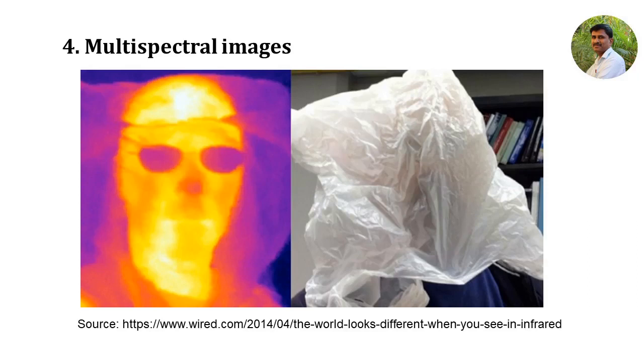Multispectral images typically contain information outside the normal human perception. This includes infrared, ultraviolet, and other bands of electromagnetic spectrum. Information available in a multispectral image is not visible to human observer. However, the information is often represented in visual form by mapping the different spectral bands to RGB color components.